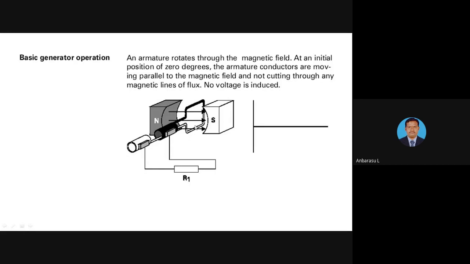EMF is induced only when the conductor cuts the lines of flux. At the initial position there is no flux cutting, so there is no induced EMF and no voltage is induced.